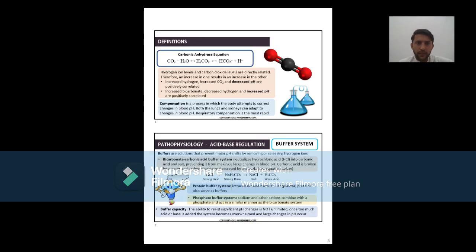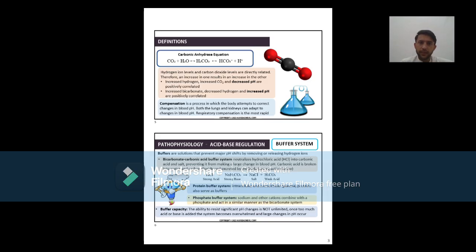This is the equation which is commonly used for the blood gases. For example, we have CO2 in water which combines and forms carbonic acid, and it makes bicarbonate and hydrogen ion when it is broken down.